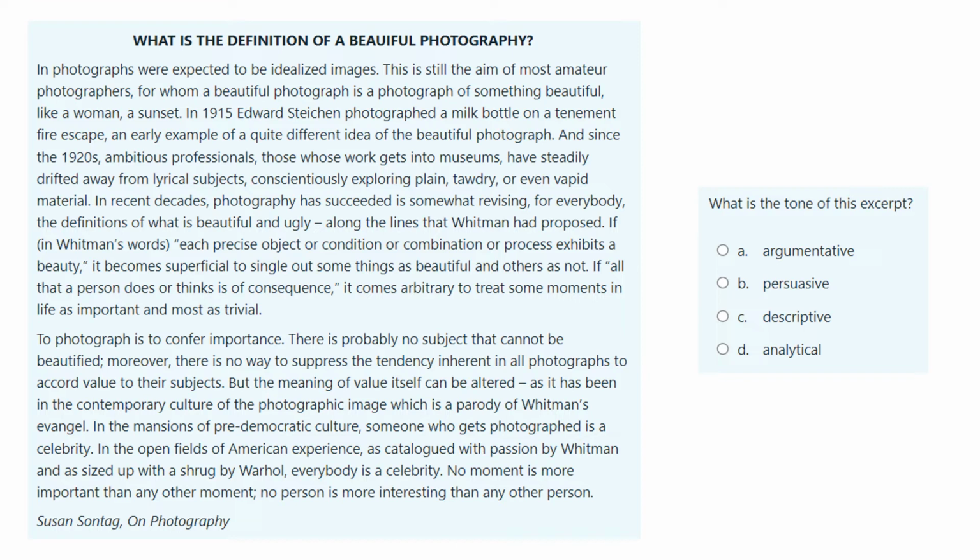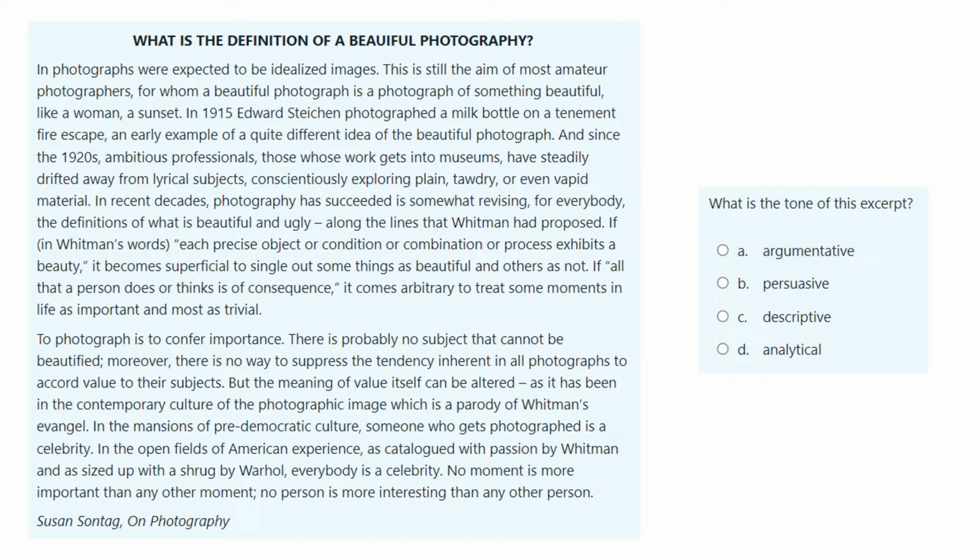If photographs were expected to be idealized images, this is still the aim of most amateur photographers, for whom a beautiful photograph is a photograph of something beautiful, like a woman or a sunset. In 1915, Edward Steichen photographed a milk bottle on a tenement fire escape.